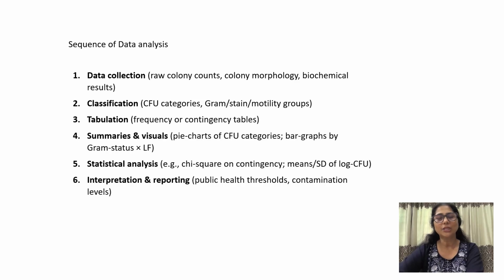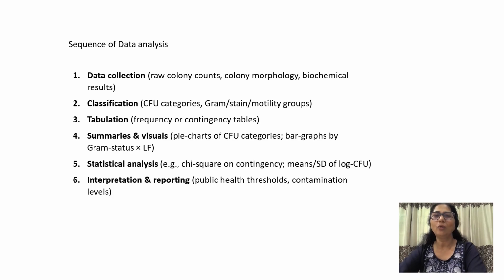there is a sequence for data analysis. The first step is data collection. First of all, we collect the data, qualitative or quantitative, on the basis of quantity, like colony count, or quality, like colony morphology of a bacteria or any sort of biochemical result.